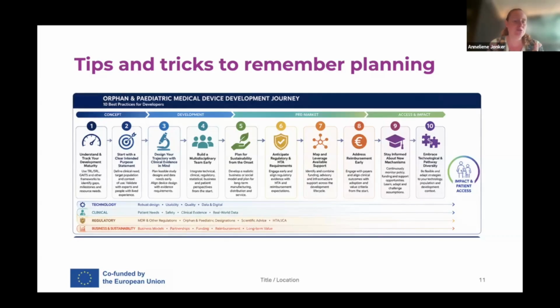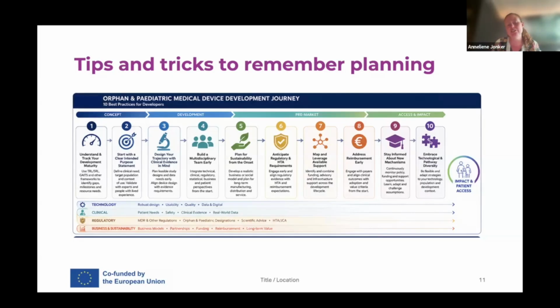A second one has truly been to start with a clear intended purpose statement. We've seen in all three projects, OrphaDev4kids, I4Kids for Rare, and DeCODe, quite a number of paediatric and orphan device developers that don't have their intended purpose statement clear.